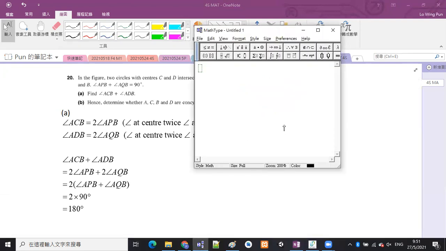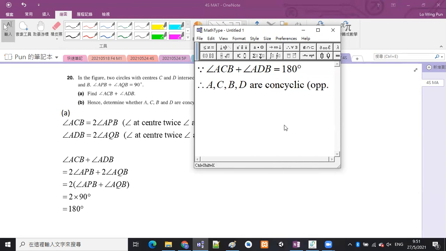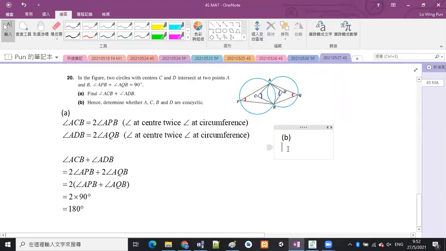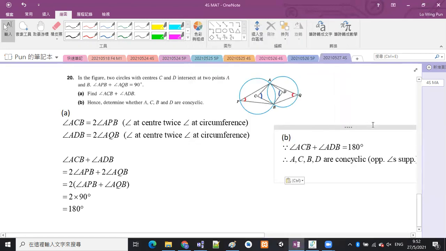So we just write this down. Because angle ACB plus angle ADB is equal to 180 degrees. Therefore, we can conclude that ACBD are concyclic. Okay? This time we have used opposite angles supplementary. Okay? So the answer is yes, it is concyclic.